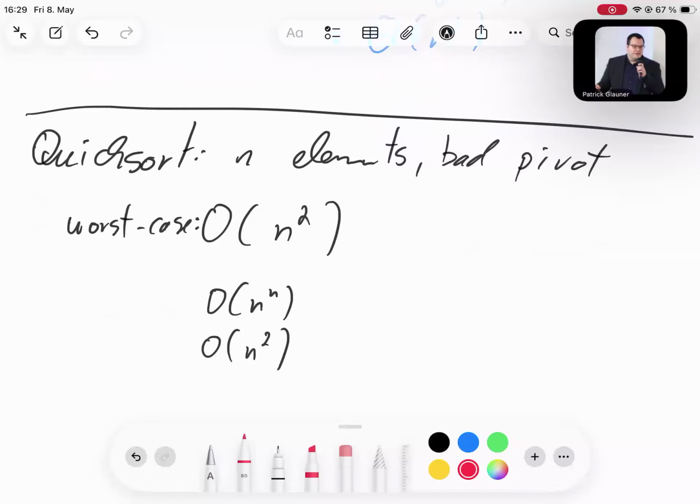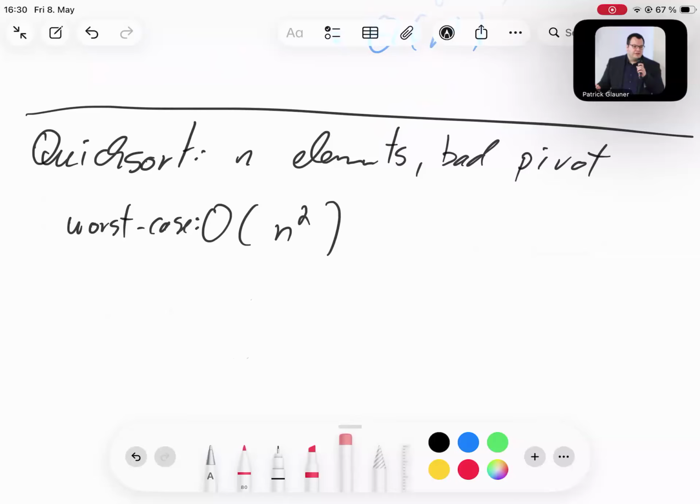Why? It's fortunately not O of n to the power of n. It's O of n squared because I may need a recursion level of n.